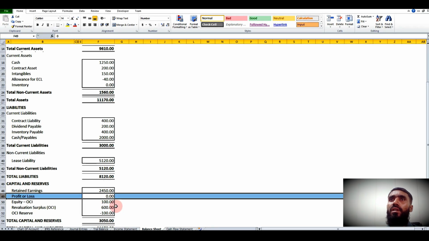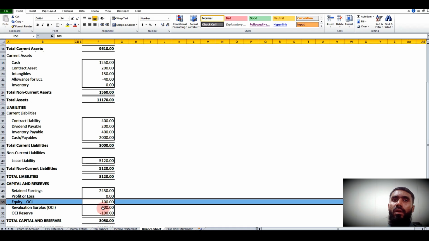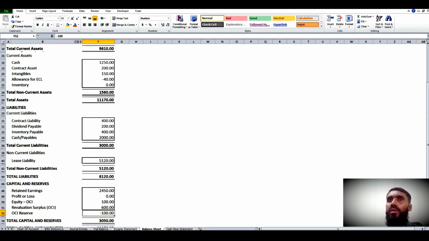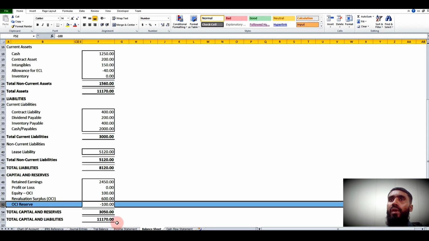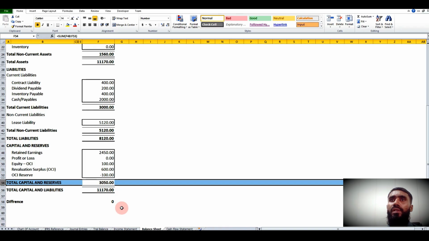Lease liability, retained earnings, profit and loss. I have shifted it into the retained earnings when I close the profit and loss account. Equity, revaluation surplus, other comprehensive income reserves.